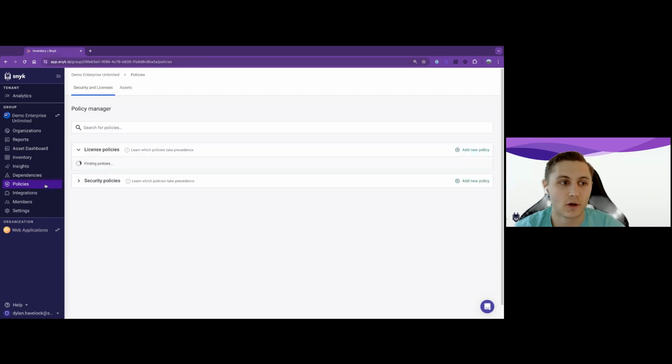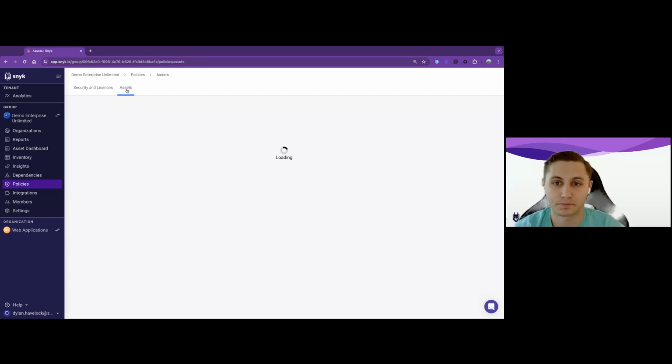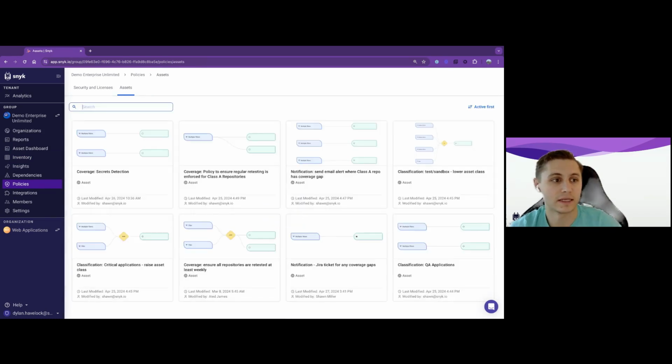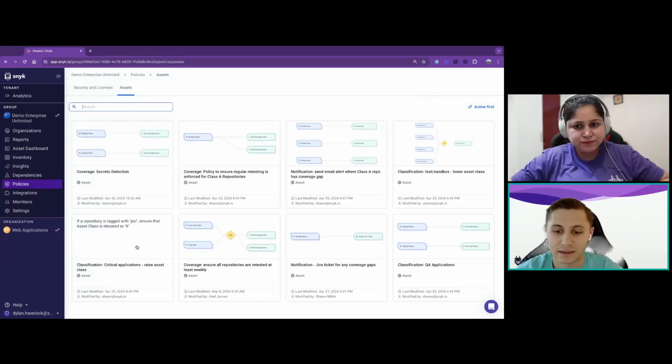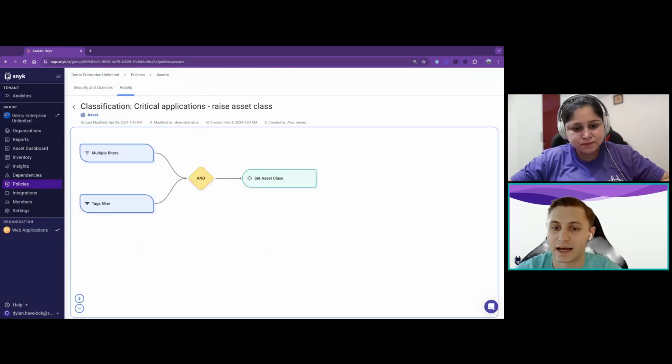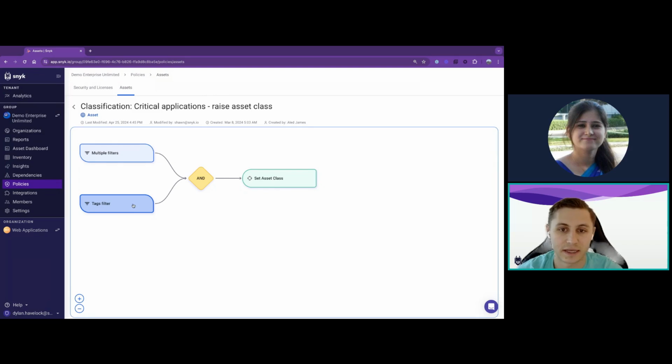So if I navigate over to the policies section here within Snyk, there's a variety of different policies that we have, but there's two use cases that I'm going to highlight. Number one is automatically raising that asset class to A, given a given criteria. There's a lot of metadata that we're pulling in from our Git repositories.